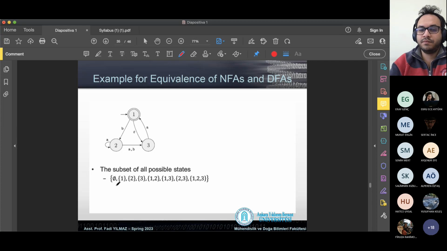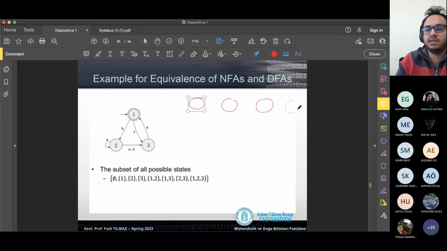There are three items, which means 2 to the 3, 8 possibilities. The number of subsets of this set Q is 8, right? 2 to the 3. So that's why we have to create these 8 states.